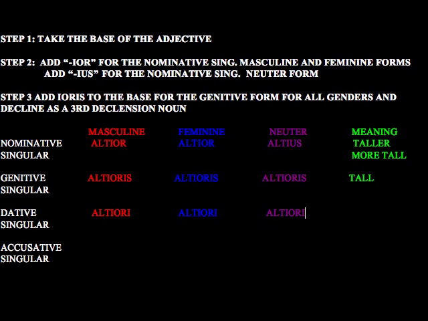Your accusative is going to be altiorem, and then altius. Now this might be a little bit of a surprise to you because you're expecting another EOR form, but if you remember that neuter nouns have the same nominative as they do accusative, you'll see that this, of course, has to be IUS because the nominative was.